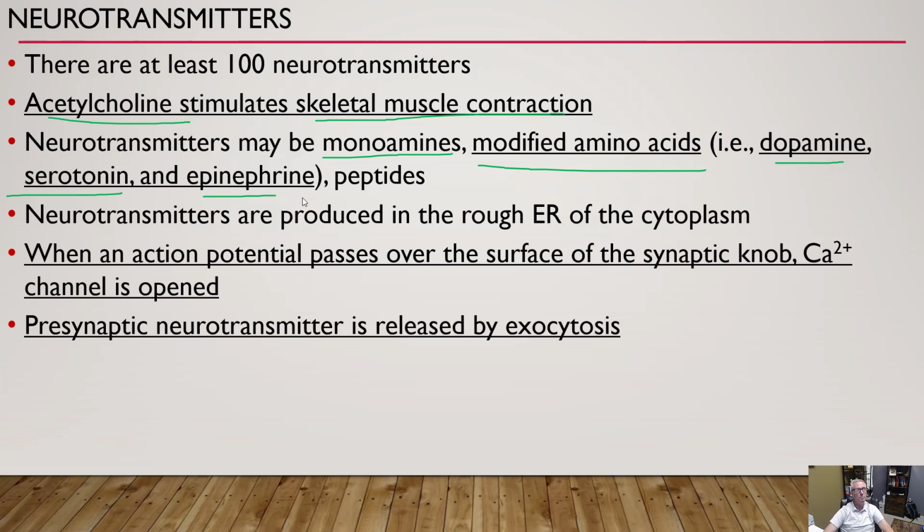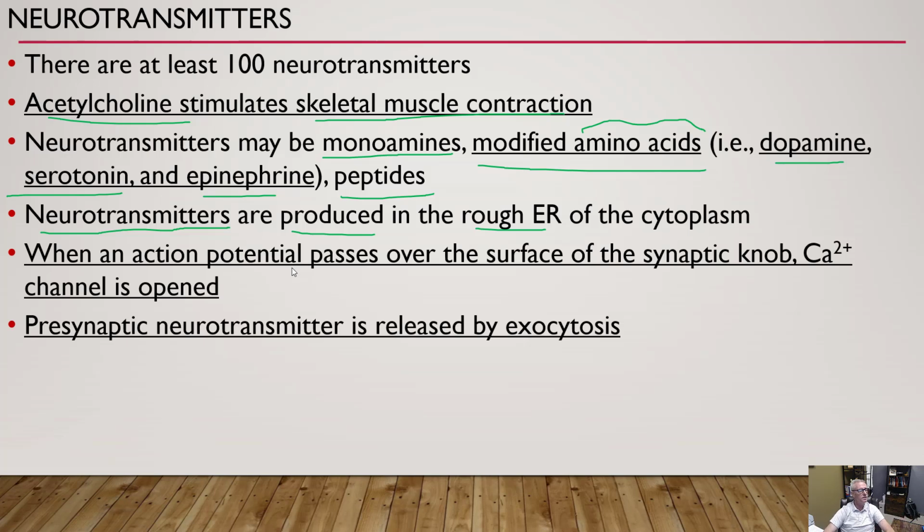Then there are peptides. A lot of these are proteins, and amino acids are the building blocks of proteins. We all know that by now. Neurotransmitters are produced in the rough endoplasmic reticulum. Remember what the rough ER does.